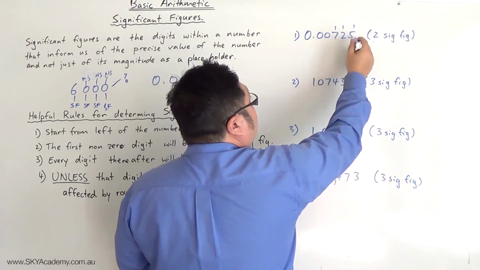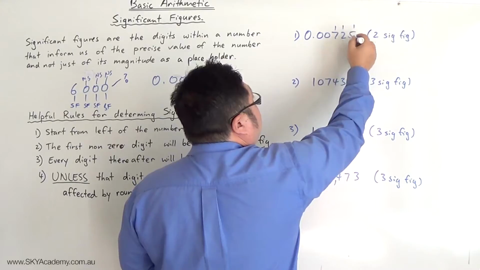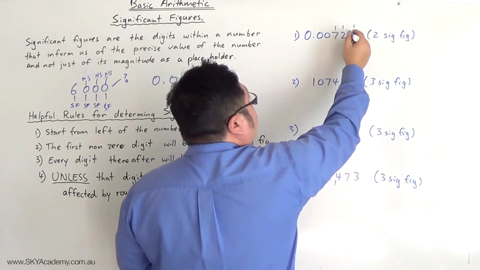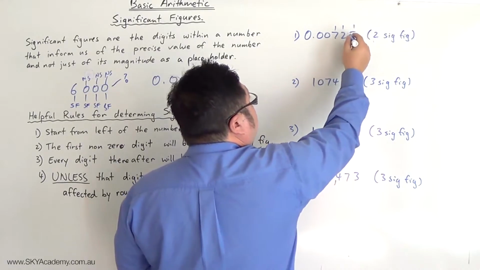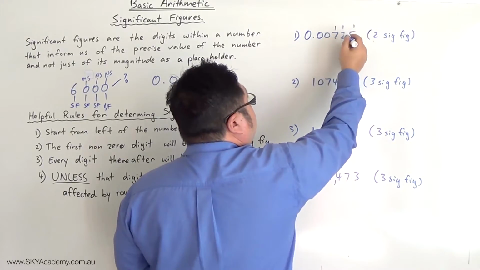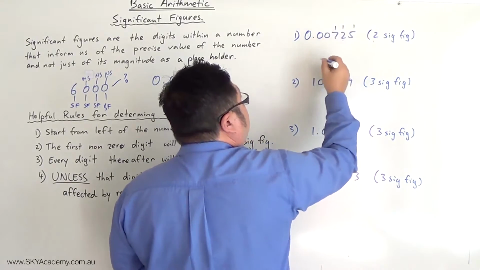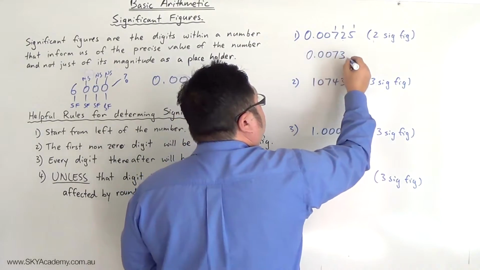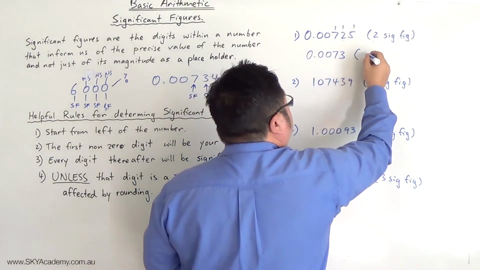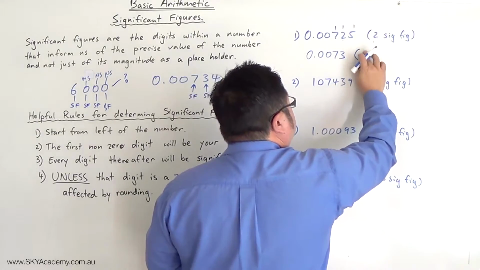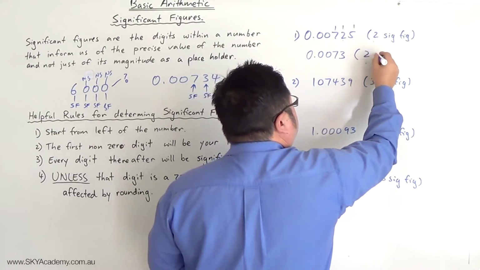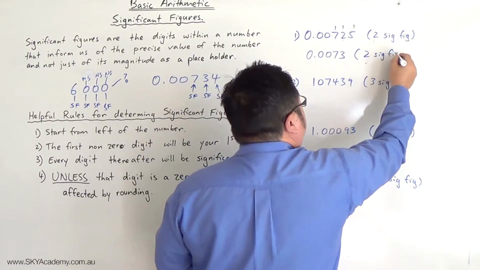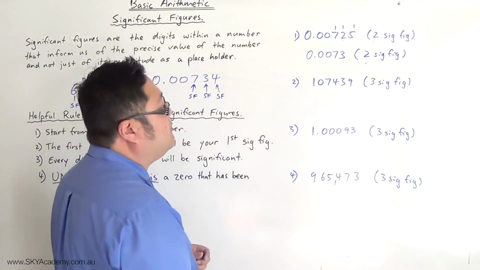But the 2, remember, will be affected by the rounding up of this 5, to 10. So the 5 rounds up to 10, which means the 2 rounds up to 3. So the answer will be 0.0073, and that will be your answer to 2 significant figures, to 2 sig fig, all right?